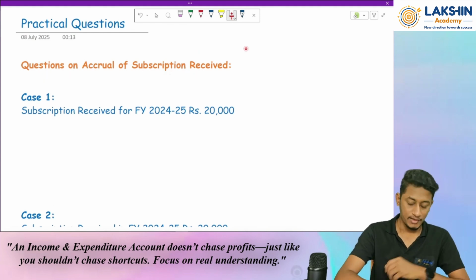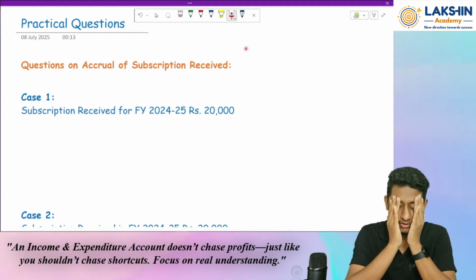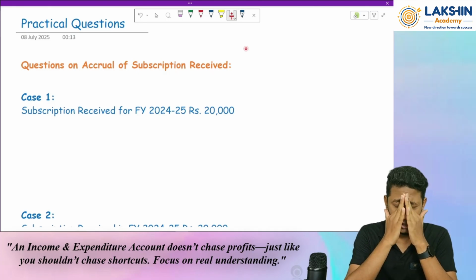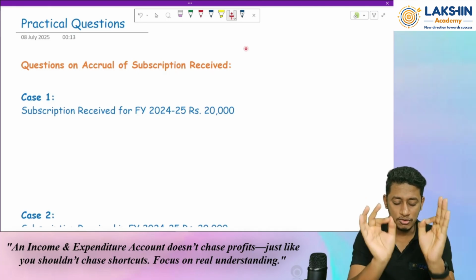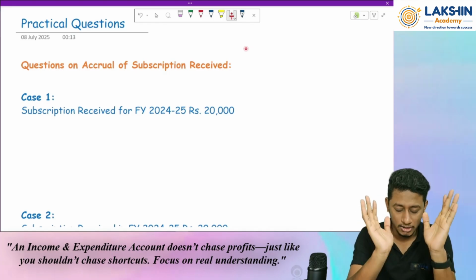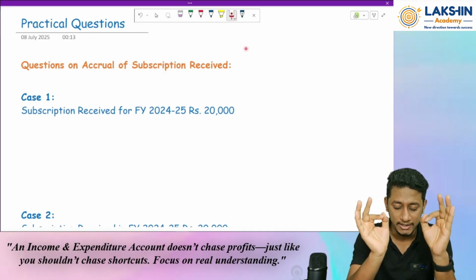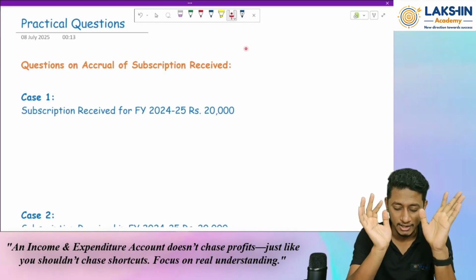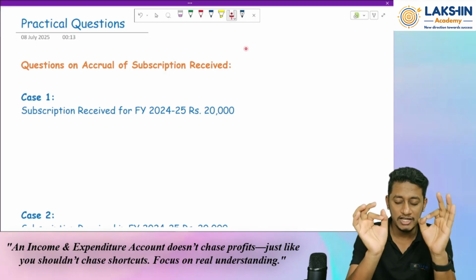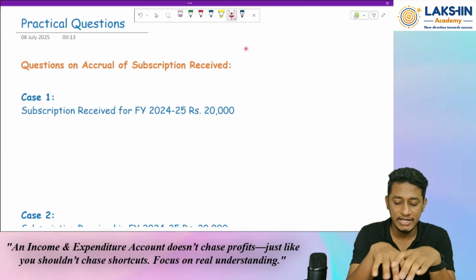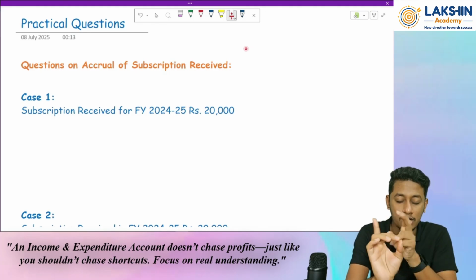Understand this. Close your eyes for a minute. Whenever I say any item should go to my income and expenditure account, what do I mean by that? Only the amounts which belong to this financial year, whether it is received or not.